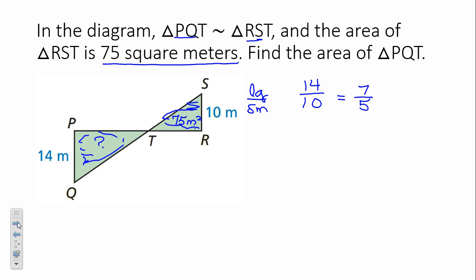Figured out? Now the thing that we have to remember about areas is when we're scaling it, we take the scale factor and we square it. Yes, we have to square the 7. 7 times 7 is 49, 5 times 5 is 25. So 49/25 is the scale factor for the areas.